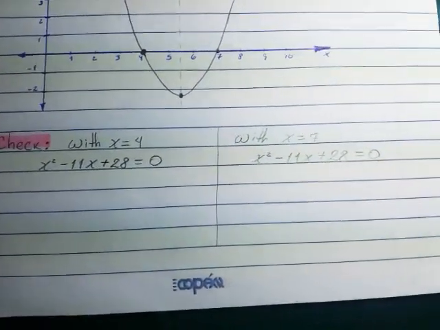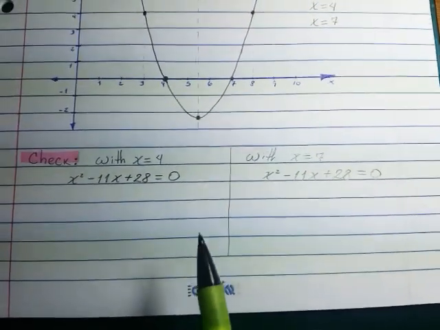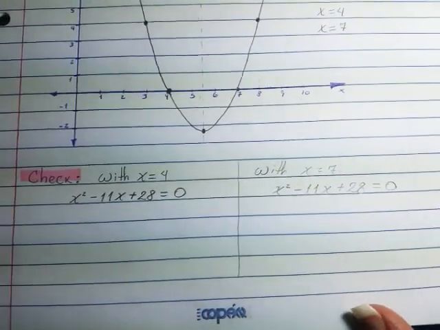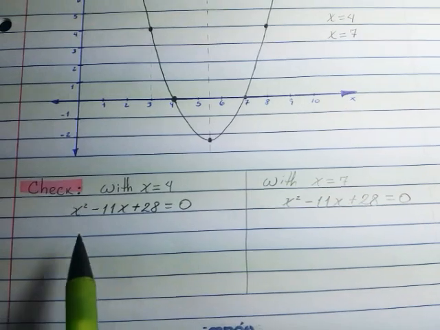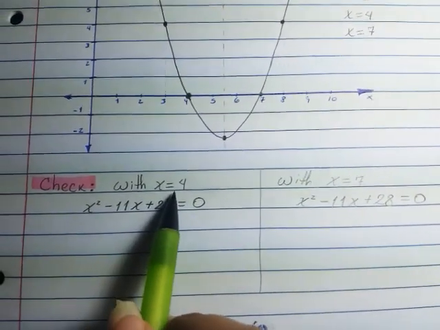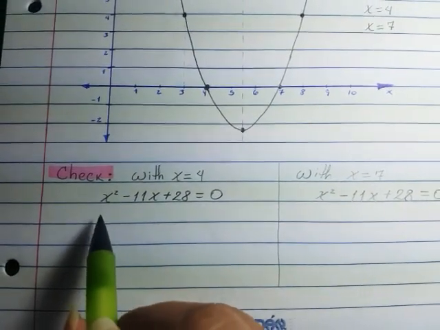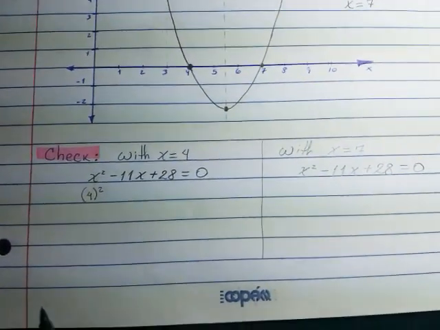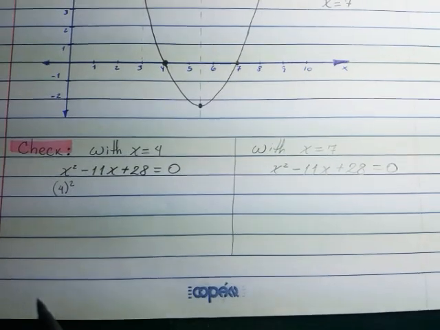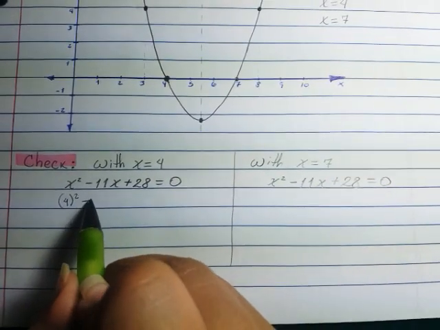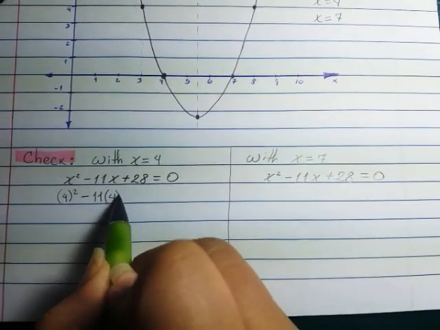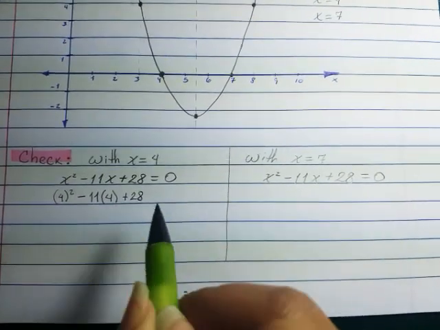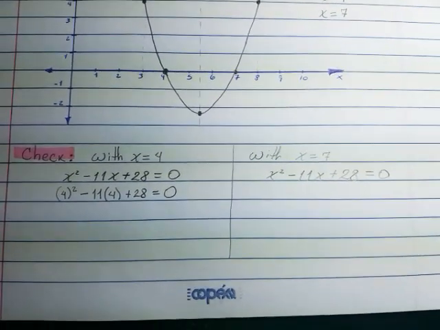We're going to check the answer, both answers, with the original equation. We're going to substitute the values of x with the one you just found. So x to the second power would be 4 to the second power. Remember to always open up parentheses when you're evaluating a variable. Minus 11 times 4 plus 28 equals 0.